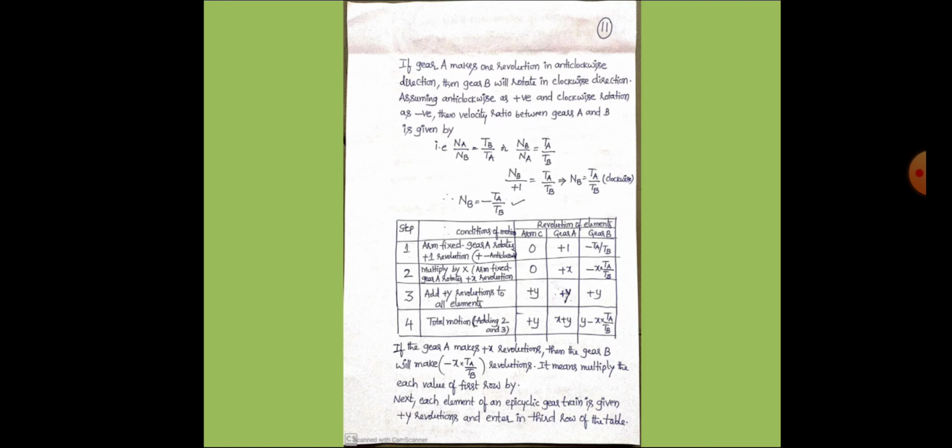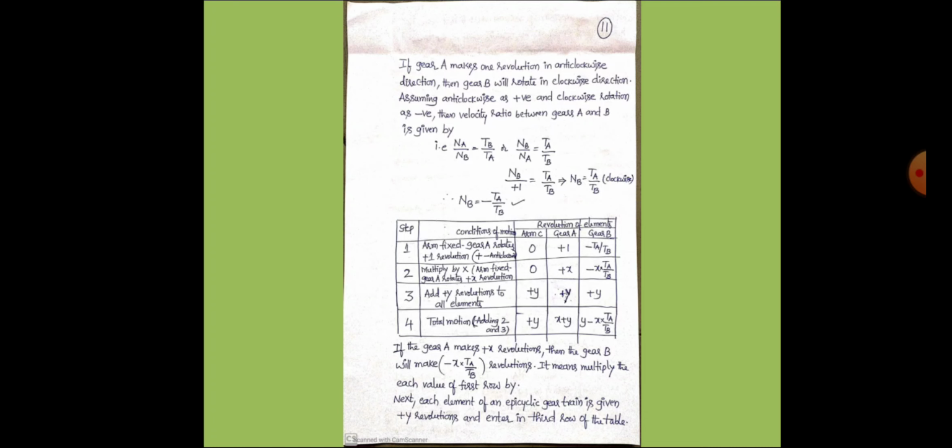Arm C, inside this cell, I should put 0 because the arm is fixed. Gear A, what is the speed of gear A? 1 revolution anti-clockwise, therefore +1. And what is the speed of gear B? Just now I found using the velocity ratio, minus TA by TB. Like that you have to enter very clearly.